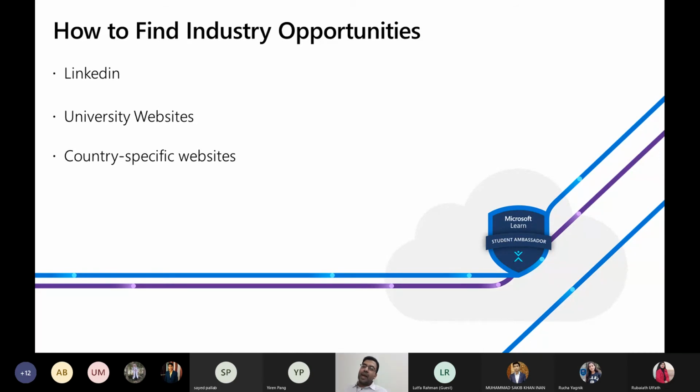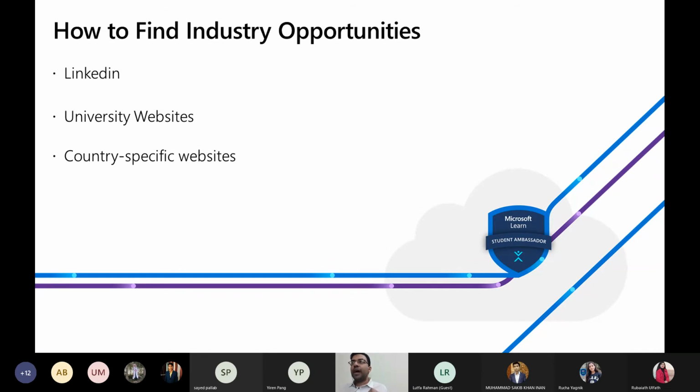And then country-specific websites. For example, you are trying to find opportunities in a different country. Take the example of this pandemic. I heard that many undergrad students are doing internships online, because research institutions and organizations are not asking overseas students to come and work in person.